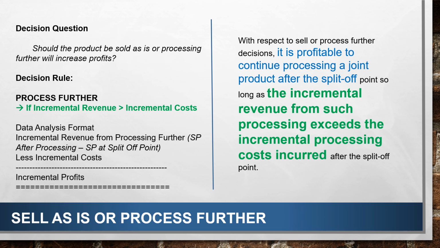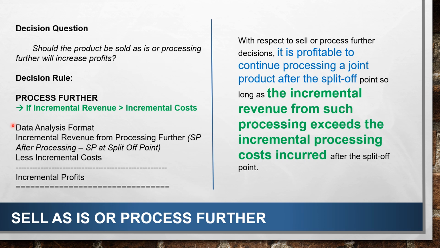So now, our decision question is, should the product be sold as is, or will processing further increase profits? Our decision rule is we process further if incremental revenue exceeds incremental cost. Therefore, we have incremental profit. So bottom line, we process further if there is incremental profit.